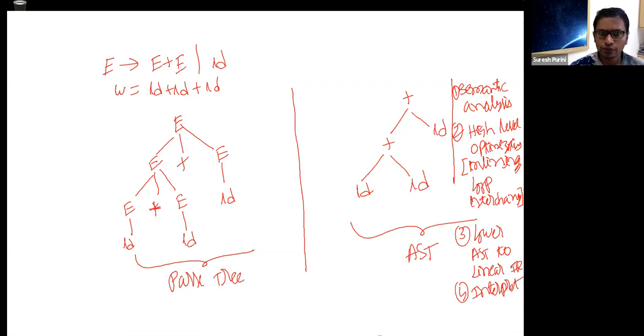So you can imagine how, once we have, let's say, a concrete parse tree given to you, we can construct an AST from the concrete parse tree. You can kind of easily imagine. So let's say it is possible for us to do a post-order traversal on the parse tree.